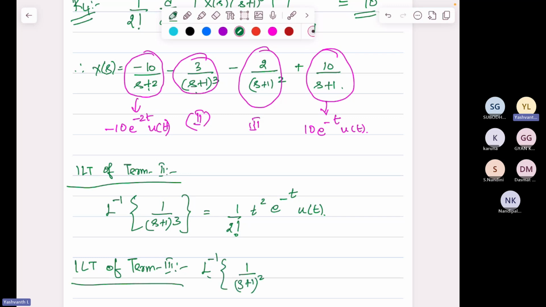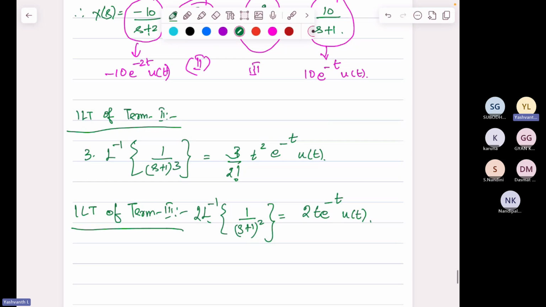In fact, you have 3, because term 2 contains a 3 also, so it is basically 3 by 2 factorial. Similarly, 2 into the inverse Laplace transform of 1 by (s plus 1) whole square turns out to be 2 times t into e power minus t into u of t.